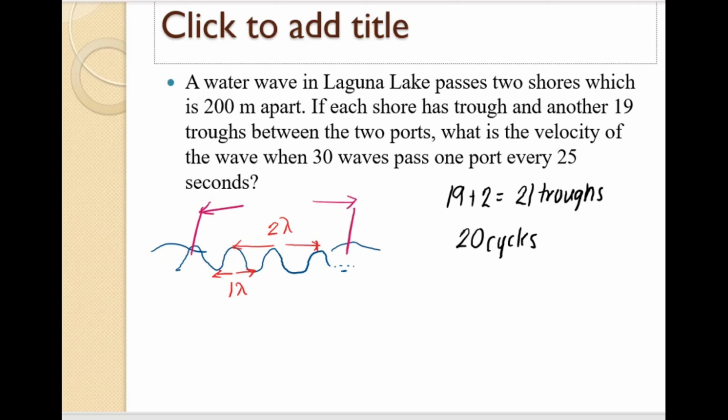Again, from one shore to another shore, we have a distance of 200 meters. So we have to divide the 200 meters into 20 cycles so that we can get 1 wavelength.